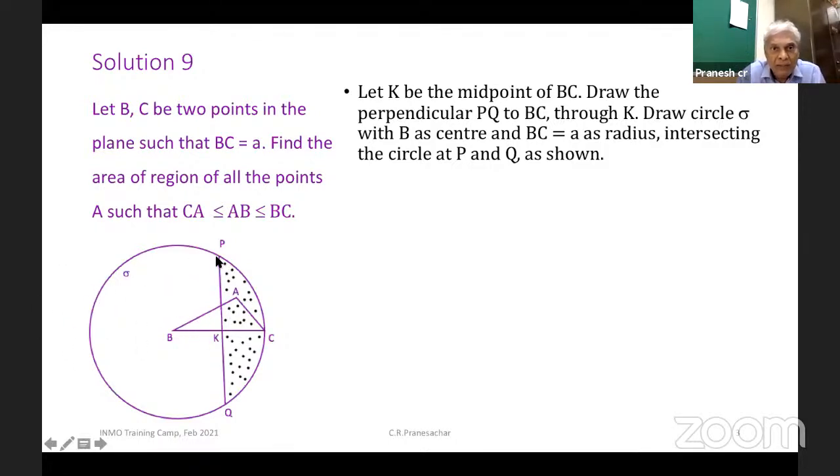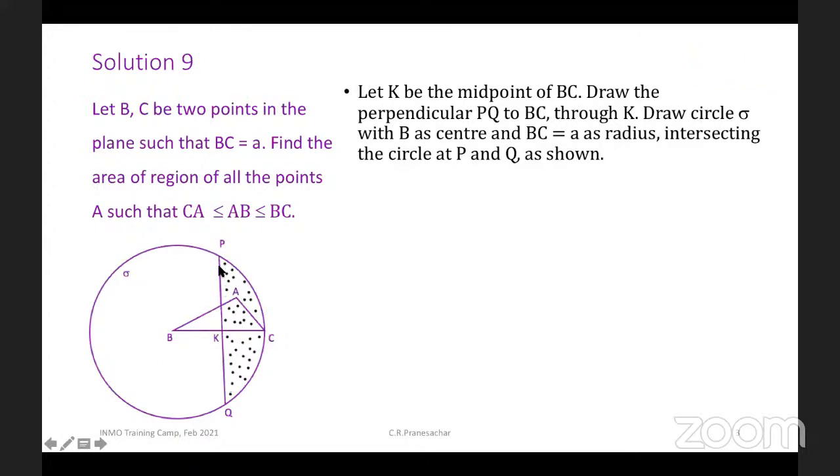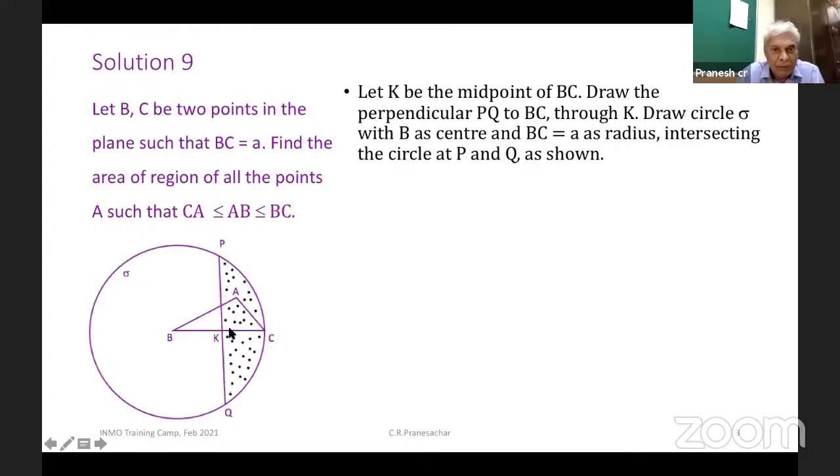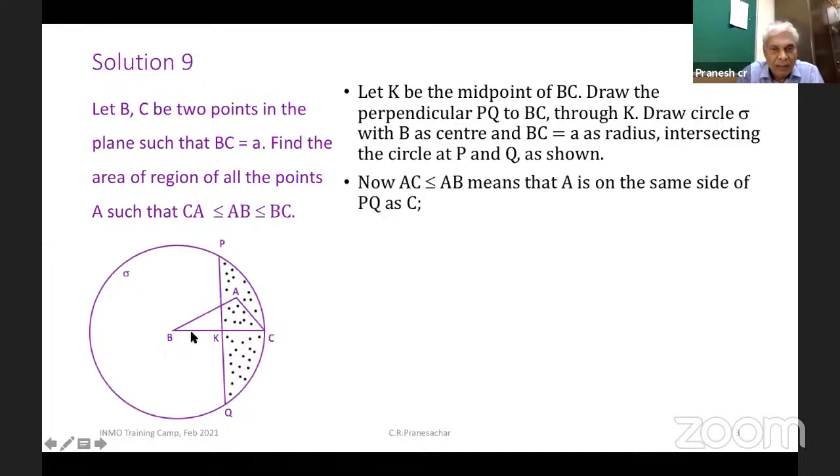Now, what is meant by saying CA less than or equal to AB? Consider it with respect to the perpendicular bisector. If a point lies on the perpendicular bisector, then it will be equidistant from B and C. So if A lies on PQ, AB equals AC. If A lies to the left of the perpendicular bisector, it means that AB is less than AC.